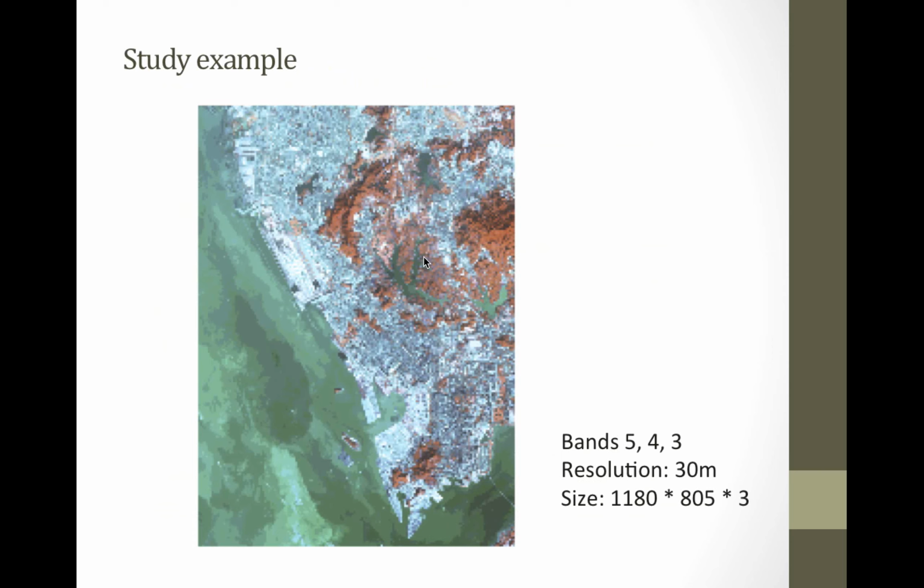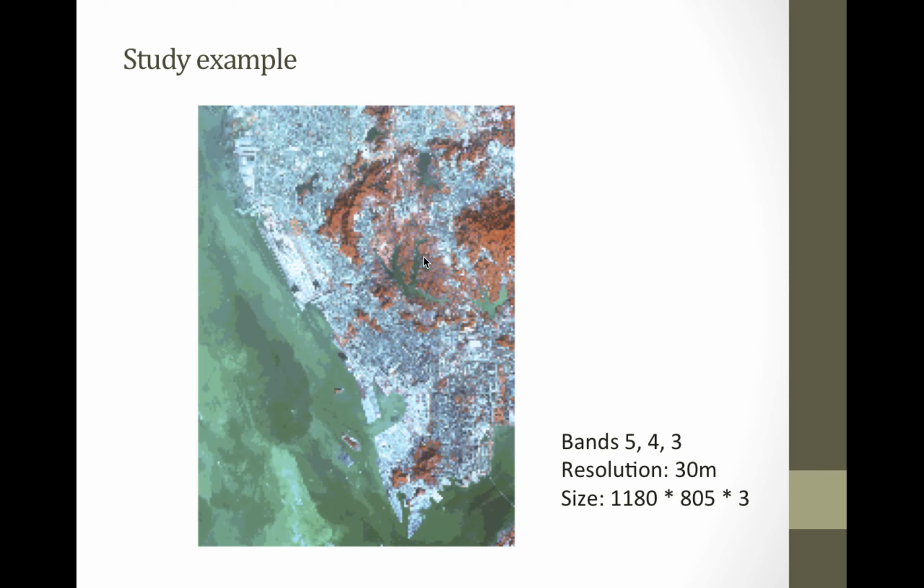This picture is the study example of my project. In general, this picture is composed of 3 bands, bands 5, 4, 3, and the resolution for this picture is 30 meters. So it means each pixel represents a 30 multiplied by 30 square meters area.